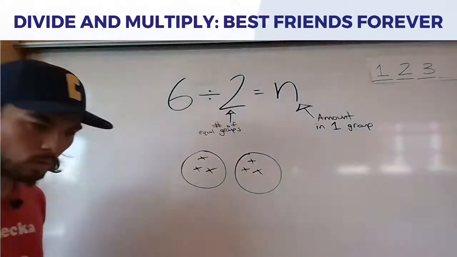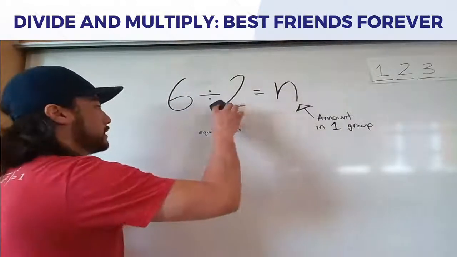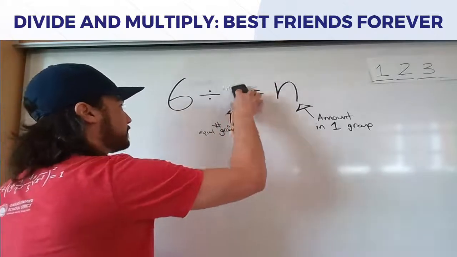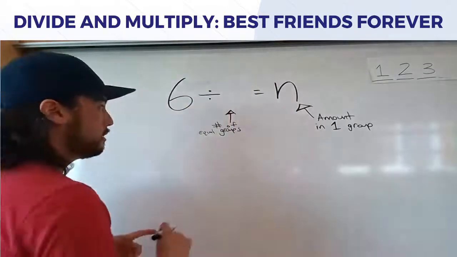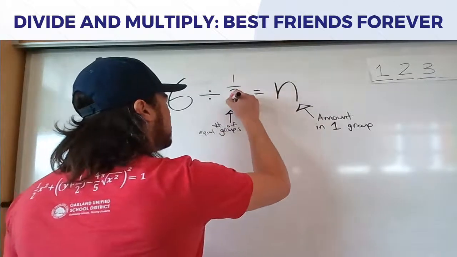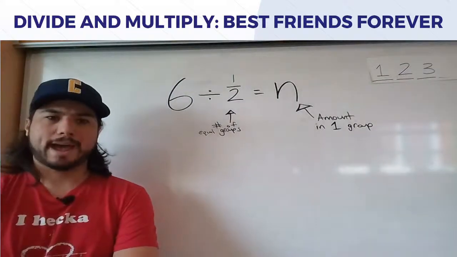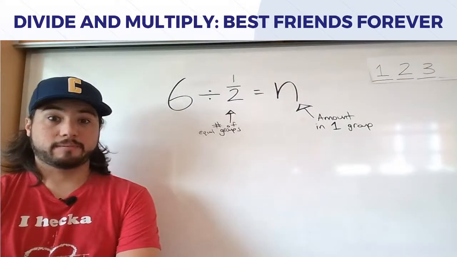Now, when we change our divisor, this number here, to a fraction, the number of equal groups stays the same. So let's say now we're at 6 divided by 1/2 equals n.